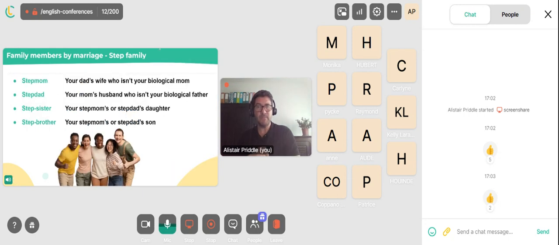So, family members by marriage, step family. Stepmum, your dad's wife who isn't your biological mum. Stepdad, your mum's husband who isn't your biological father.